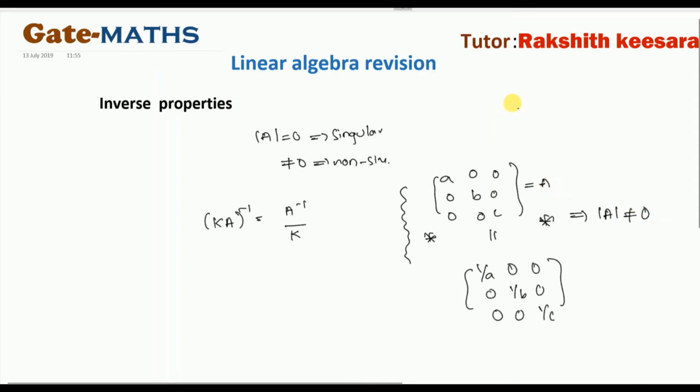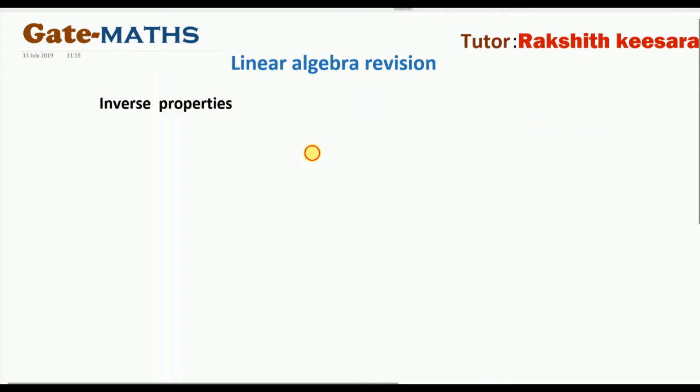And I hope you know the remaining properties like AB whole inverse equal to B inverse into A inverse. These are very basic properties you should know. And if two rows or two columns are interchanged, then the determinant will be multiplied by minus 1. I forgot to say this.